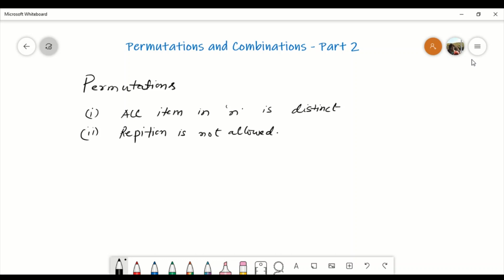So one item cannot be repeated. We'll also see what that means when we discuss a problem here, or when we try to generalize the formula for permutations. So we have to keep in mind that we have put two constraints here. Later on, we'll remove these constraints and see how the problems can be solved. But for this video, these constraints are going to hold true, right?